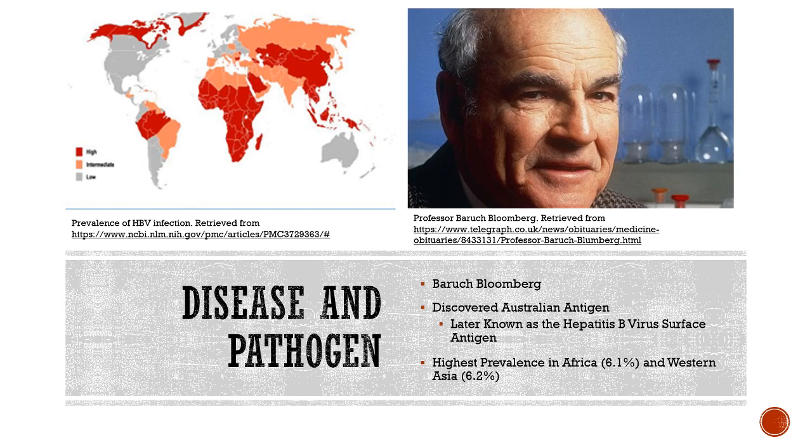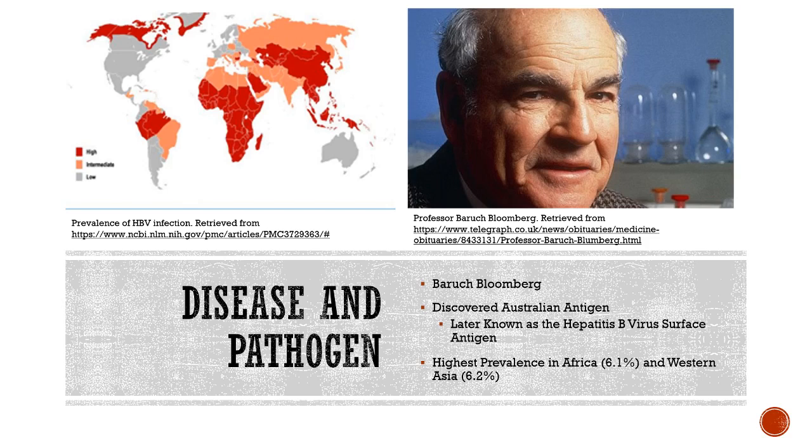Gerlich also reviewed the recent history of the hepatitis B virus. Baruch Bloomberg was an American physician and a Nobel Peace Prize winner in 1976. He developed the Australian antigen by hypothesizing that people who received blood products from a large amount of donors would develop antibodies against polymorphic serum proteins.